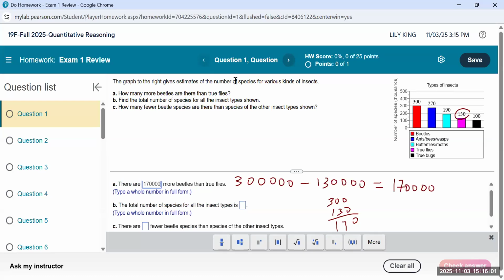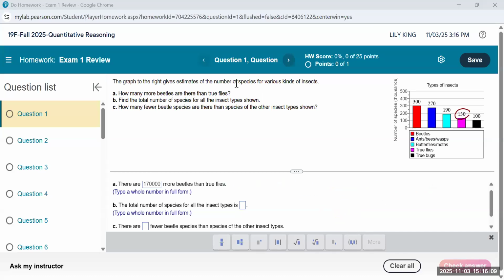Now the second one, we are looking at the total number of species for all the insect types. So this is the same as adding all these number of species. This is finding the total number of species. So adding all these insect types together. So we have 300 plus 270 plus 190 plus 130 plus 100.